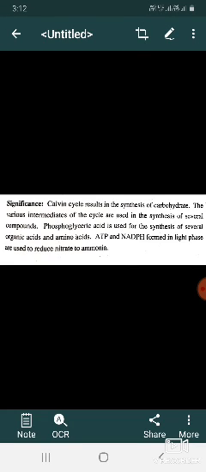Phosphoglyceric acid is used for the synthesis of several organic acids and amino acids also, and ATP and NADPH formed in the light phase are used to reduce nitrate to ammonia.